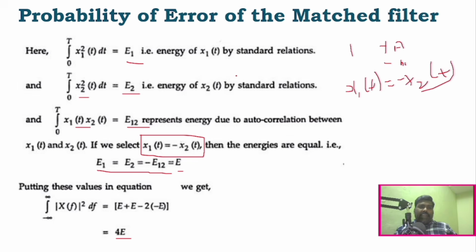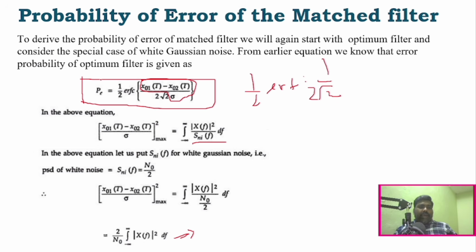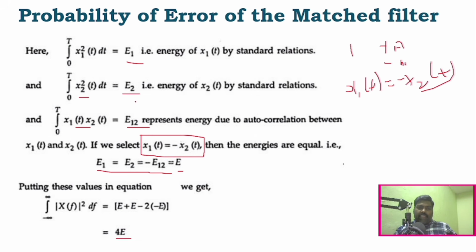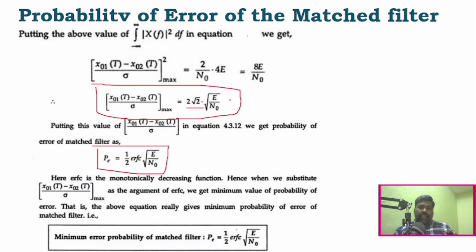Right? So what have we done? We have taken the probability of error of the optimum filter, and this expression alone can be written like this, and we are substituting the power spectral density value, and then we are relating it to Parseval's theorem, where x squared of t can be written as x1 of t minus x2 of t, and then we are integrating it, and using this expression we are representing everything as E. So we will obtain 4E. 4E then becomes 8E by substituting this particular expression, and that can be written as 2 root 2, which cancels with that previous expression.